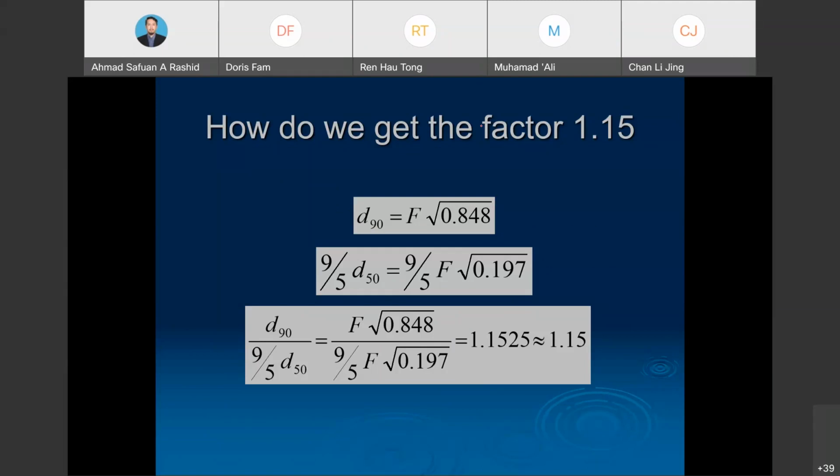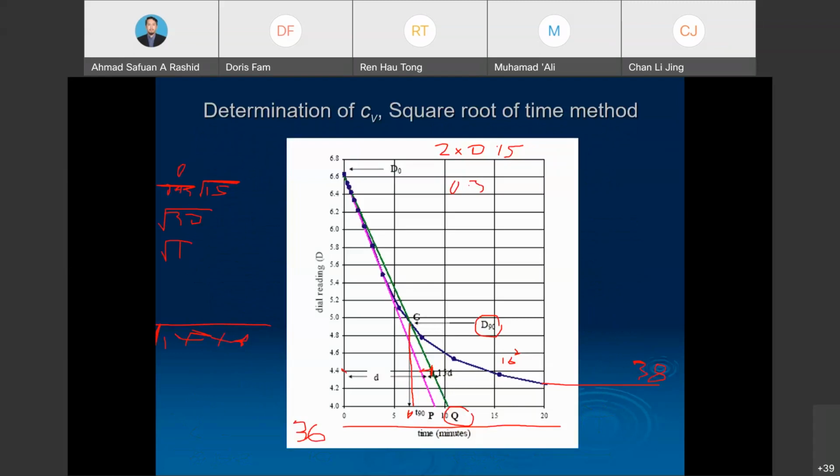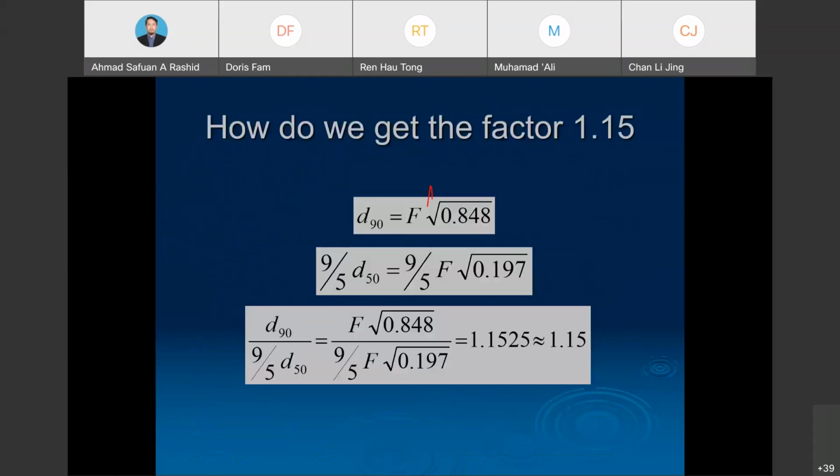Okay, this is the factor of time. So D90 over 5 for the D50, and the same factor, which is 0.197. So compared to before, 0.196, more or less.